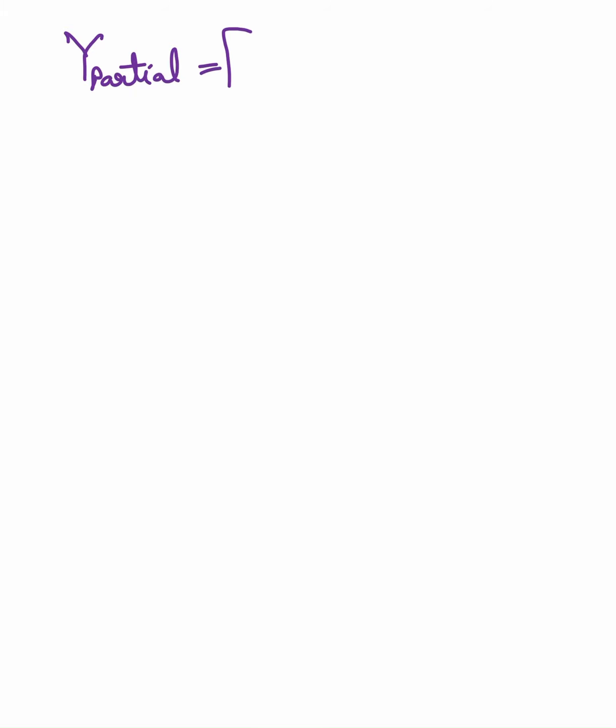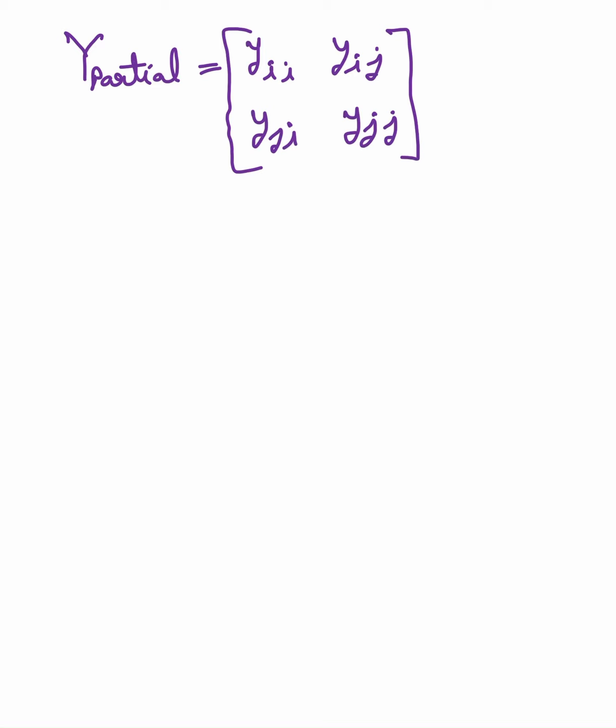What is that? Yii, Yij, Yji and Yjj. So the value is equal to, you can write like this, that is a conjugate Yk, minus a conjugate Yk.